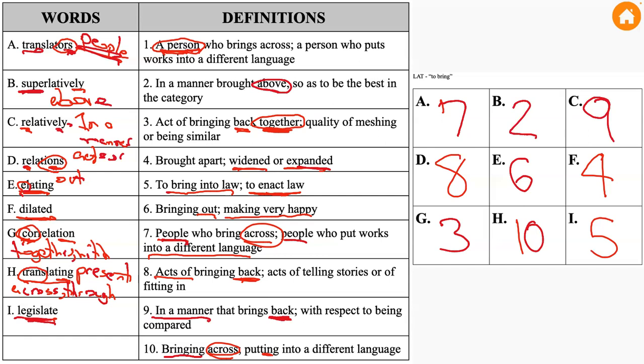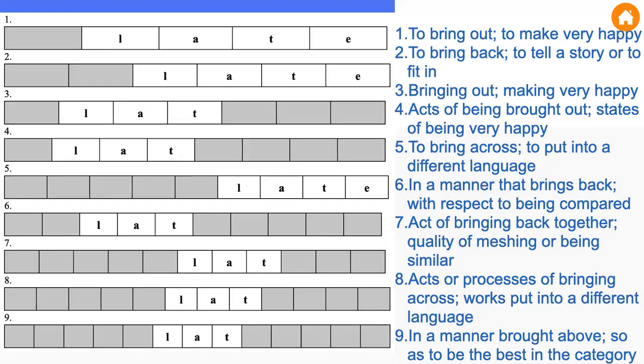Yeah, all those things that he can do, that is above man. So super means above. Okay. So our magic square number is 18. We can just check it to make sure, but we know it's right because we know how to do words and definitions. And what is my root for the week? Latin, it means to bring. Good. Go to my home page.